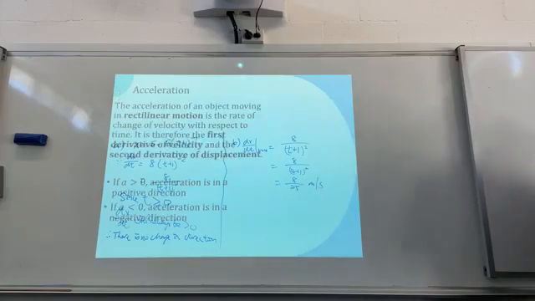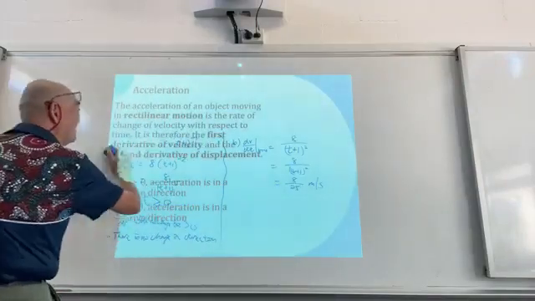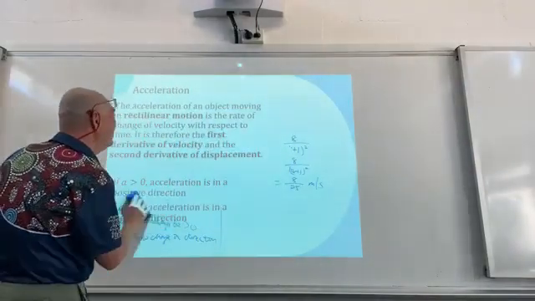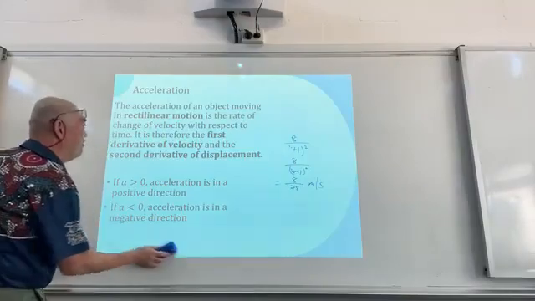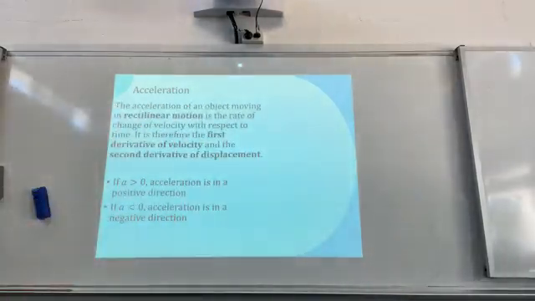All right, this is a long question. Let's move on. Now, let's think about acceleration. The acceleration is the rate of change of velocity with respect to time. So it is the first derivative of the velocity and the second derivative of displacement. Going from displacement to velocity, you differentiate the displacement once.